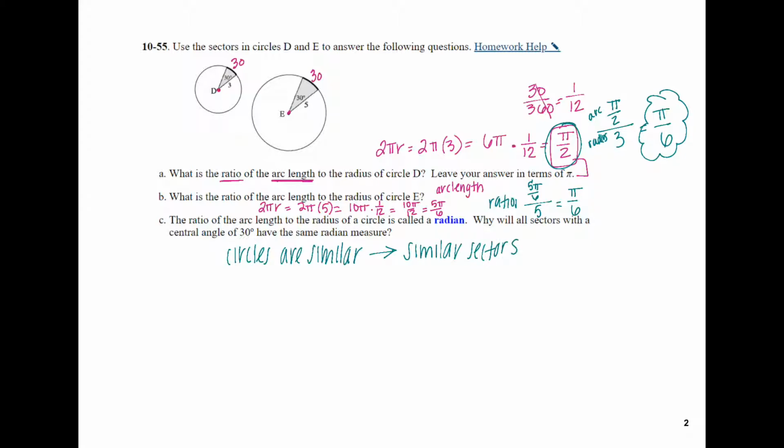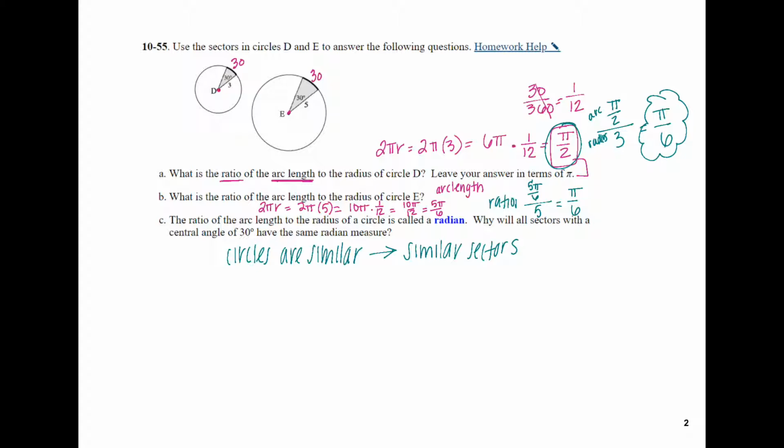So we can say that sector D is similar to sector E. The angles are the same, and the radii and arc length are proportional by the same ratio of similarity.